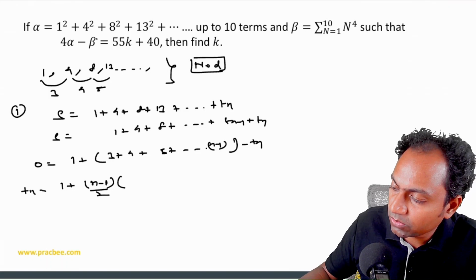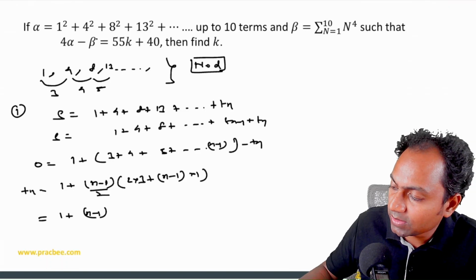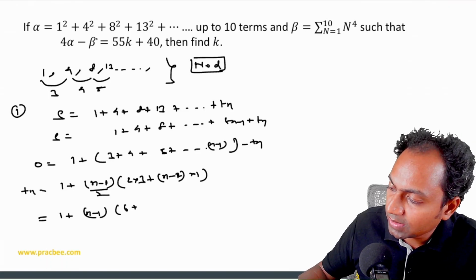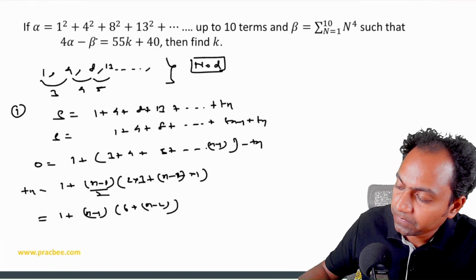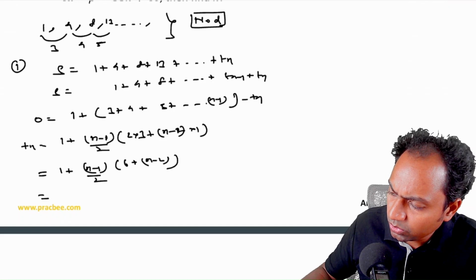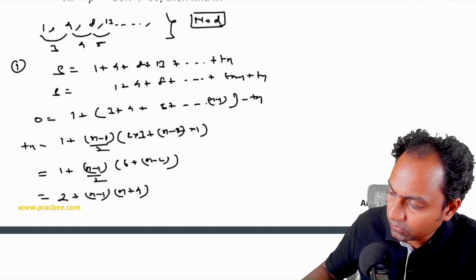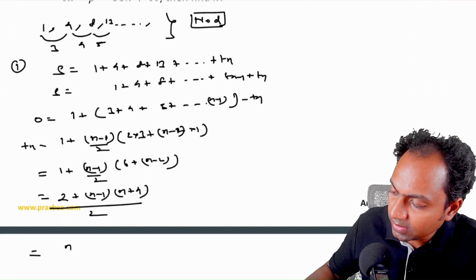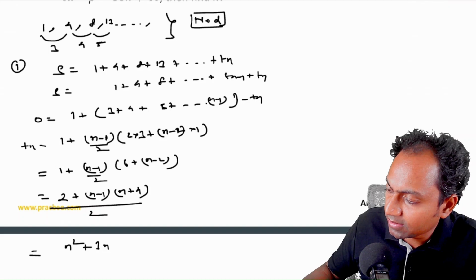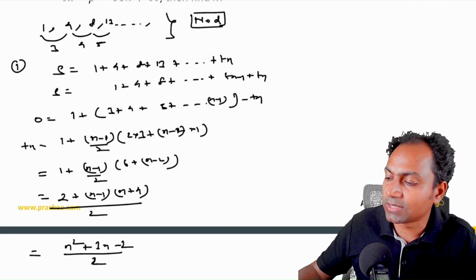So n minus 1 by 2 twice of a plus n minus 1 minus 1 into d. And if I simplify, this is 1 plus n minus 1 into 6 plus n minus 2. And if I simplify this, 2 can go on this side. This is n minus 1 into n plus 4 by 2. And if I further simplify, it is n square plus 3n minus 2 by 2. So we have got the value of what is happening inside the square.